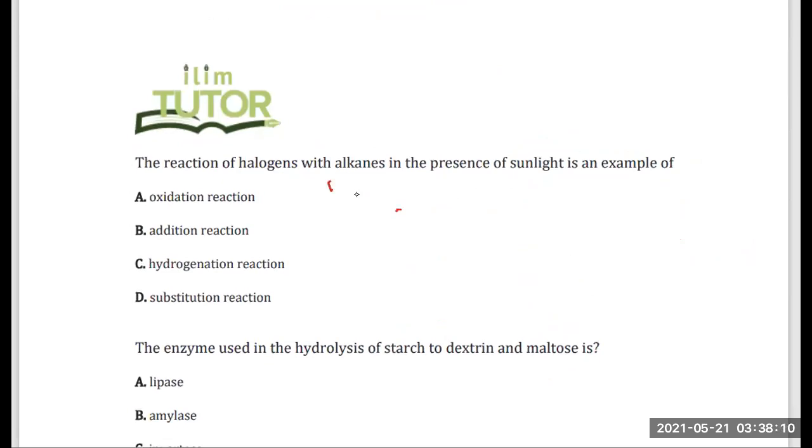Alkanes are saturated hydrocarbons. Because they are saturated, we already know the type of reaction they can go through. They cannot undergo addition reaction. They're already saturated. Oxidation reaction is also an addition reaction, remember, addition of oxygen.